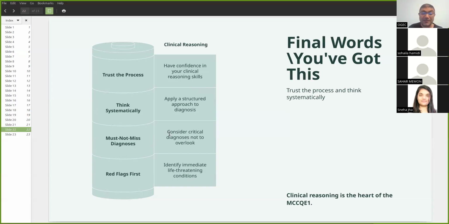So the must not miss diagnosis should be in our priority. And red flags first. We have to identify the red flags, especially the life-threatening ones, first in the clinical scenario.